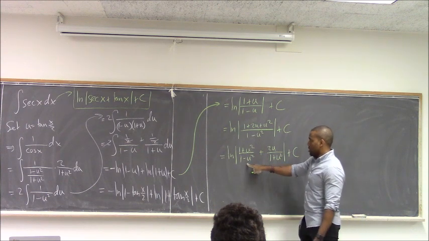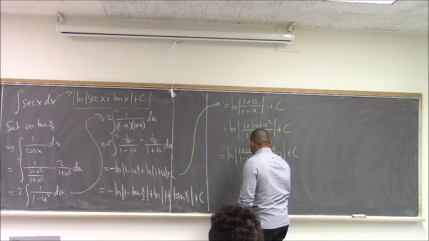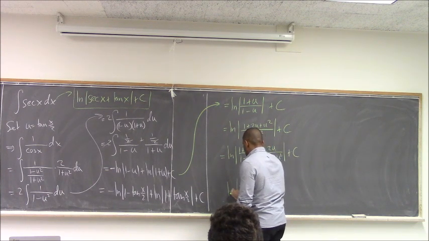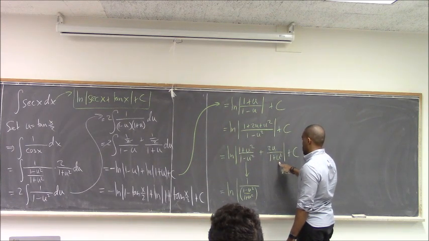Notice that this is 1 over cosine, actually. So it's 1 over 1 minus u squared over 1 plus u squared. And that one is actually what? That should be tangent, but the denominator should be 1 minus u squared.